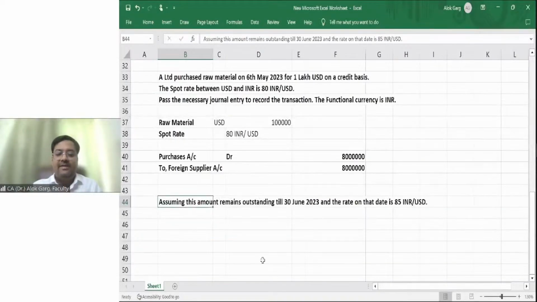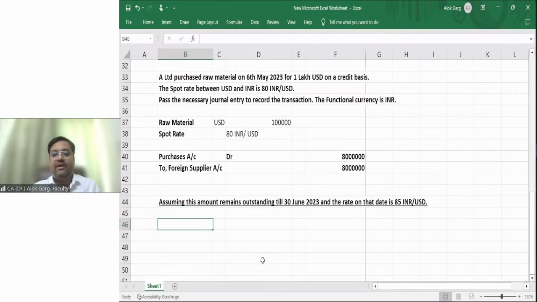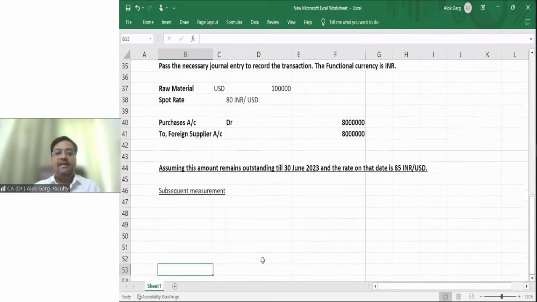Assuming this amount remains outstanding till 30th June 2023, and the rate on this is 85 rupees per USD. Subsequent measurement. What is the accounting entry? In this case, the closing rate has shifted from 80 to 85.